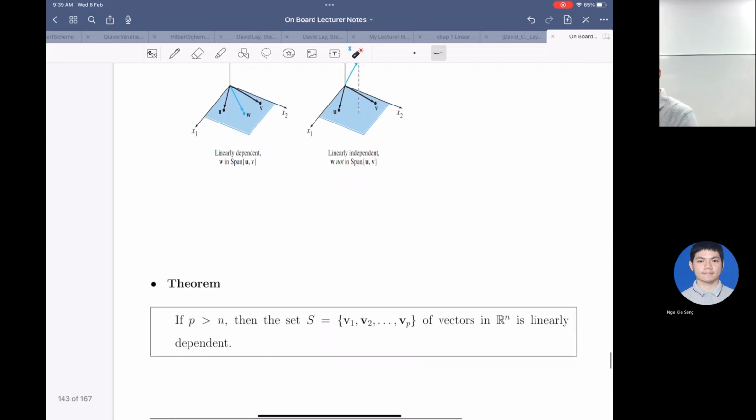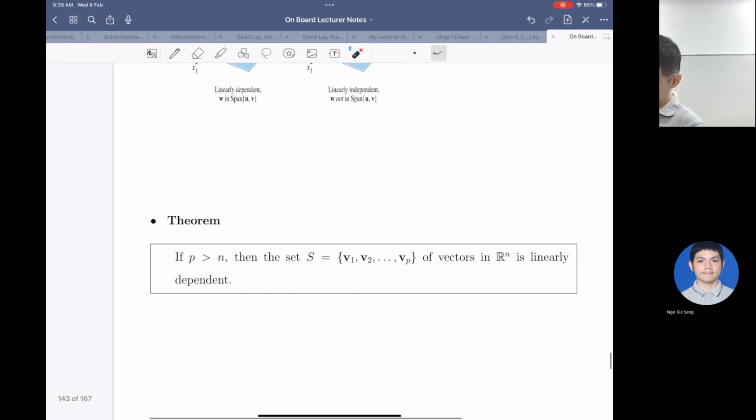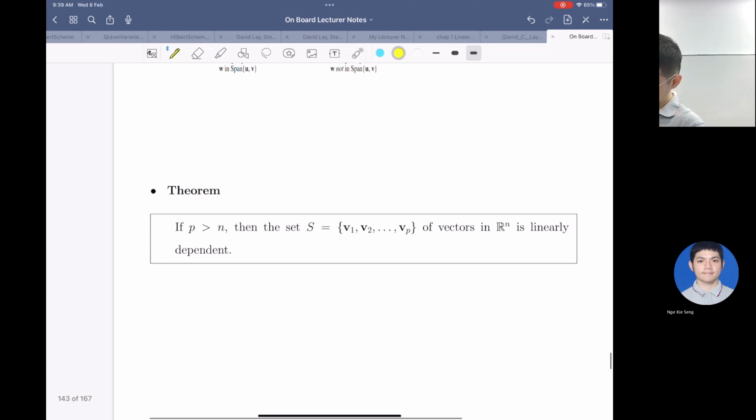The next thing is, if you are living in Rn and you have more vectors than the number n, then the set of vectors must be linearly dependent. Let me give you an example in R2.